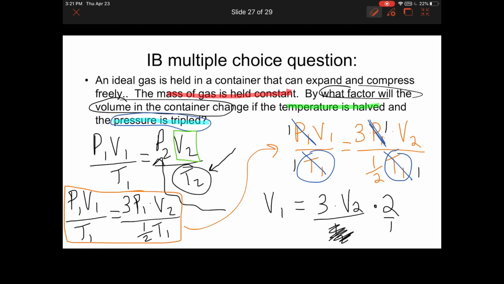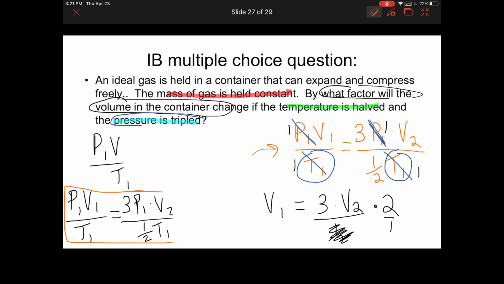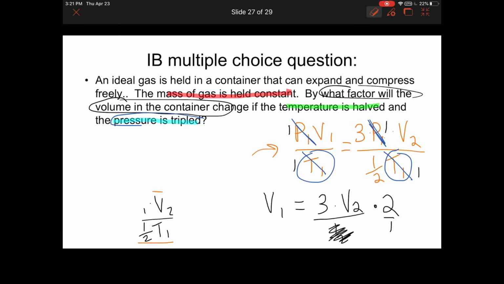Now, a lot of people make this mistake and think they're done. They might think that it's increased by a factor of 6, but that is not the case. Remember, I'm trying to figure out the new volume. What is the new volume compared to the initial volume? So be careful.